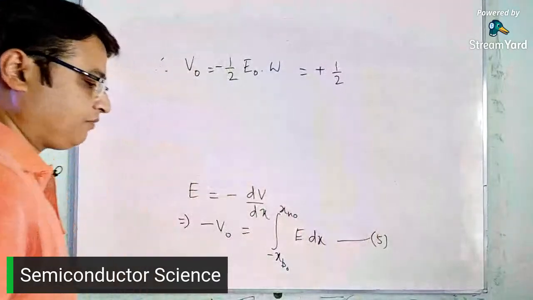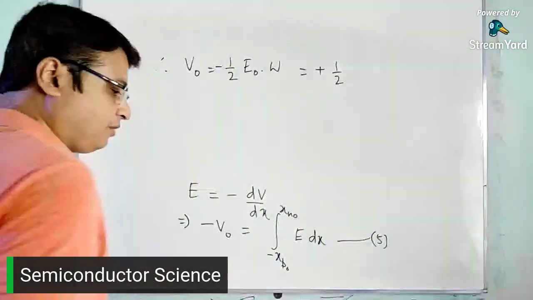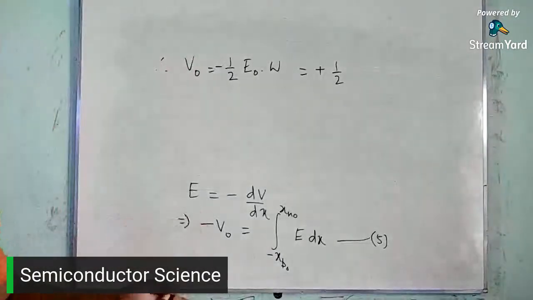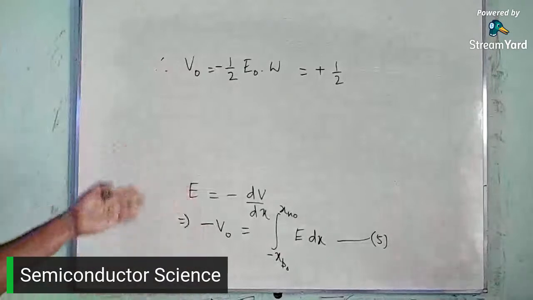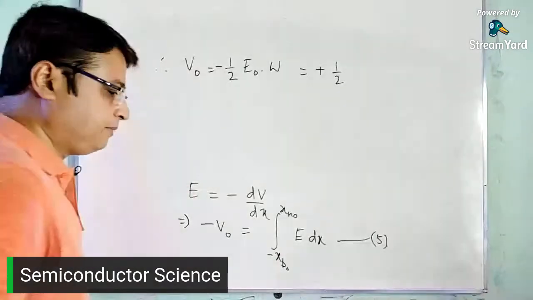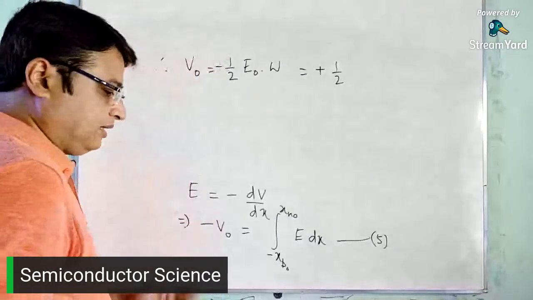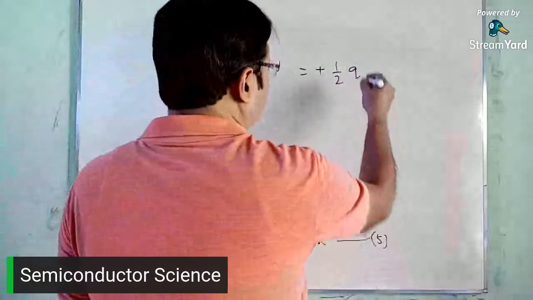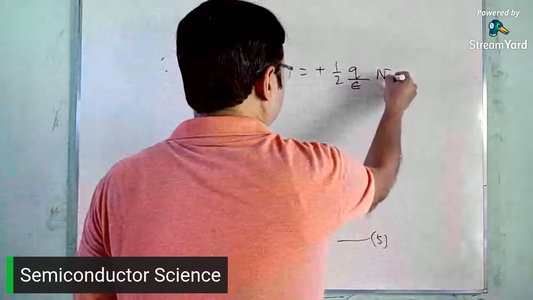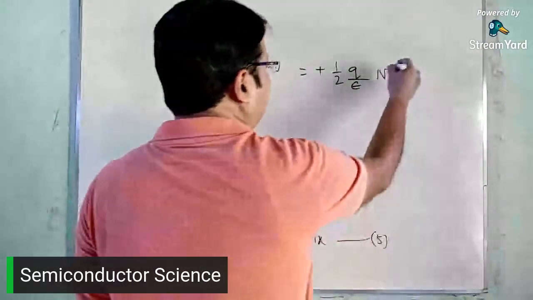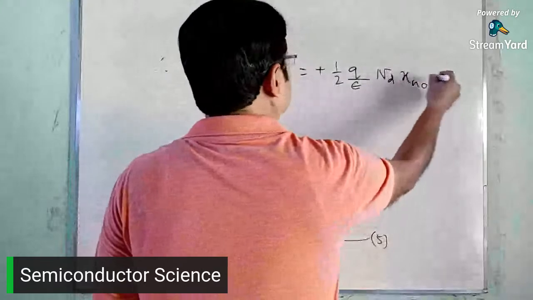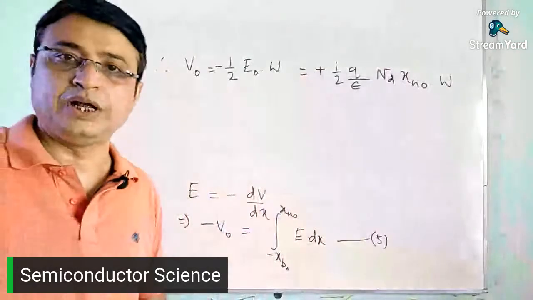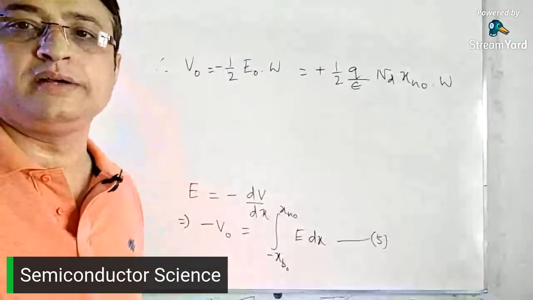Now what is the value of E0? E0 value is minus q by epsilon nd into xn0, that is inside the n-type side. So after putting the value, you get plus half q by epsilon nd into xn0, and then the W. So that is the value of the contact potential V0. Got it?